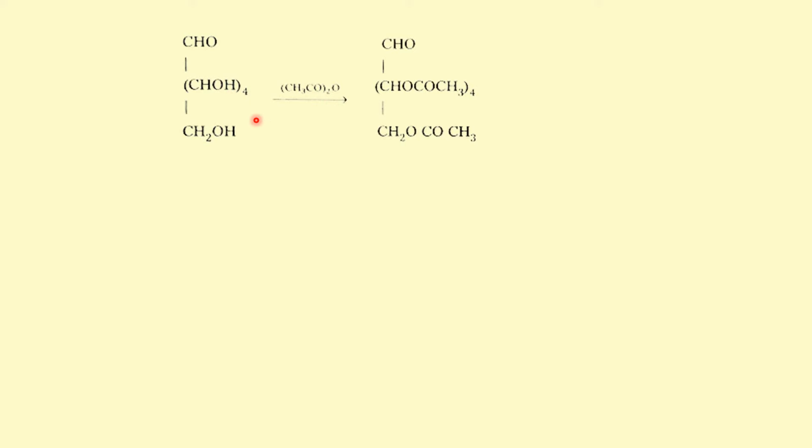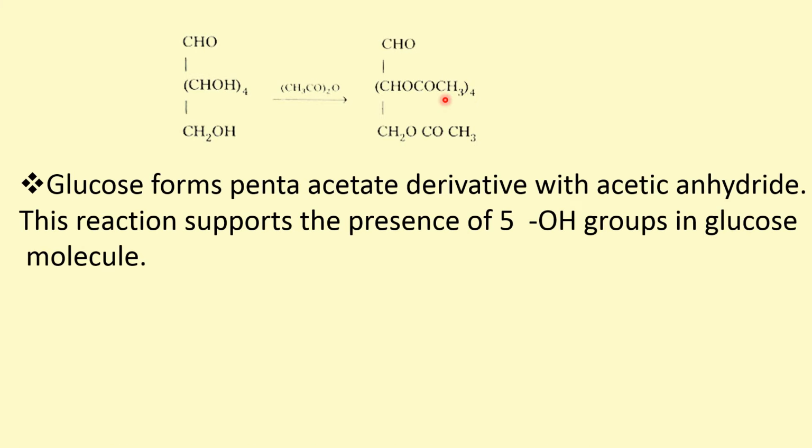Here also these hydrogen atoms are replaced by CH3CO groups, and it is giving the pentaacetate derivative. That means glucose has 5 OH groups in its structure. This reaction supports the presence of 5 OH groups in the glucose molecule.